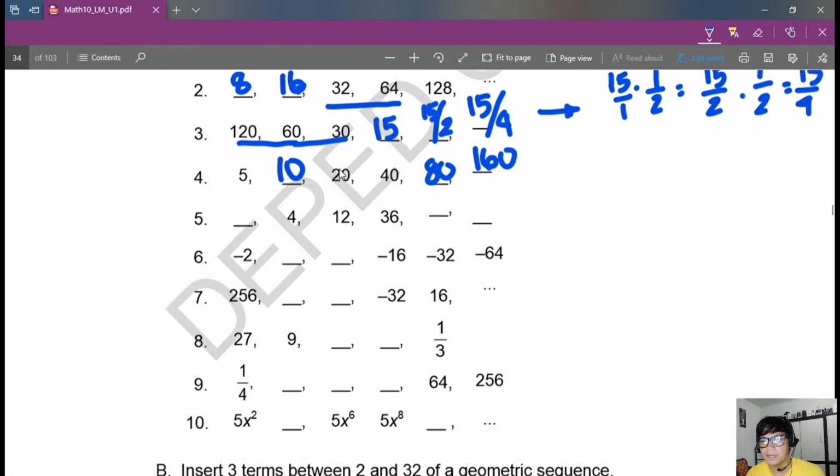Ito naman, itong gamitin natin. So, 12 divided by 4 is 3. So, since papunta doon sa kabila, we will divide, do the reverse of multiplication, which is the division. So, 4 divided by 3, or 4/3.